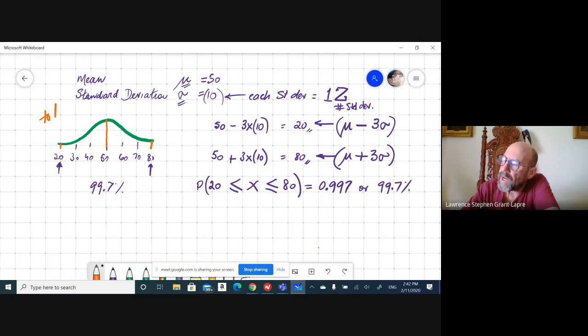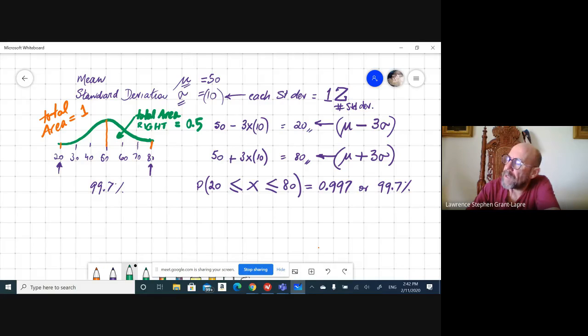The total area underneath this curve is 1. 1 represents probability. The total area under the right half, the right part of the graph, equals 0.5.